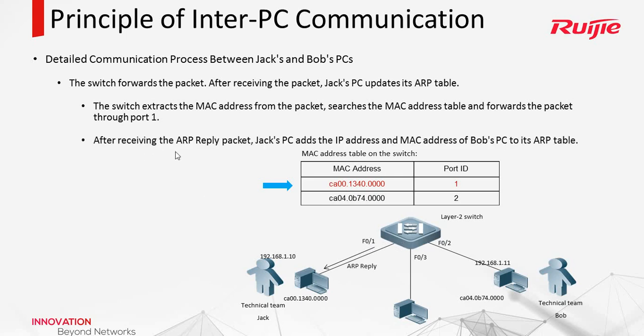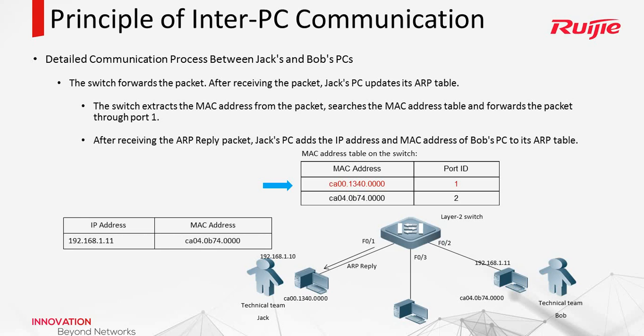So after receiving the ARP reply packet, now all of the ARP working process is finished, and Jack's and Bob's devices have learned each other's MAC address. Of course, Jack's PC will also record Bob's server's IP and MAC address in the ARP table.